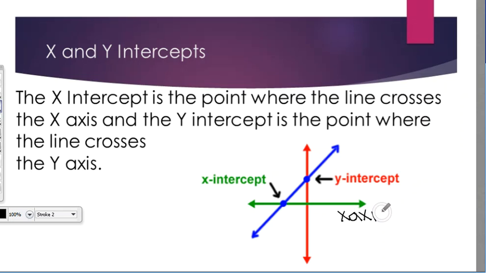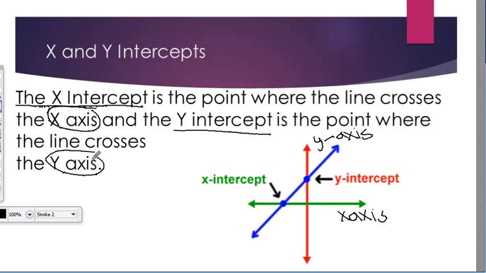Remember, the horizontal axis is the x-axis, and the red line is the y-axis. The x-intercept is the point where the line crosses the x-axis. So that makes sense. The y-intercept is the point where the line crosses the y-axis.